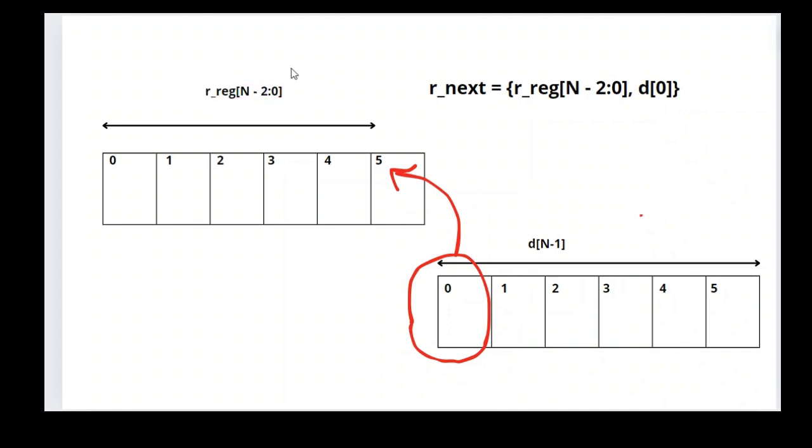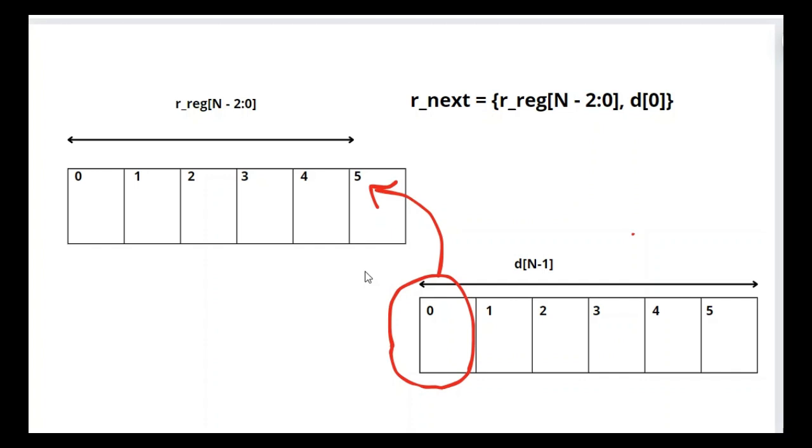That is what is it represent the present content inside the register, and here we have excluded the MSB, and we have taken the first bit of the input, and we have concatenated with the current state of the register, and we have assigned it to the next state. So this is how we are doing the left shift. And then let us see how we will do the right shift.